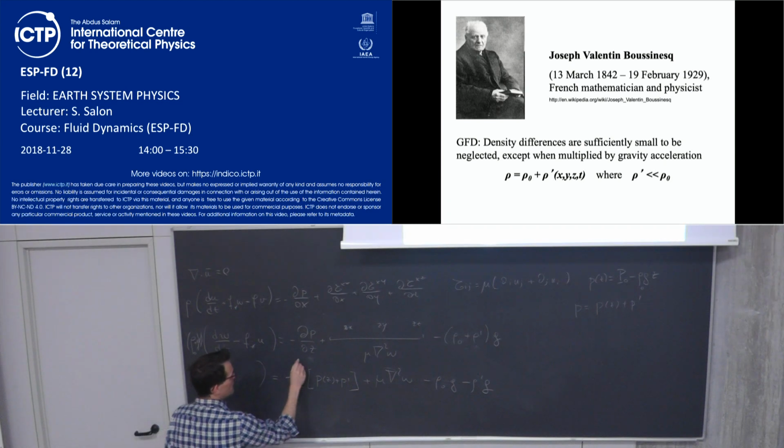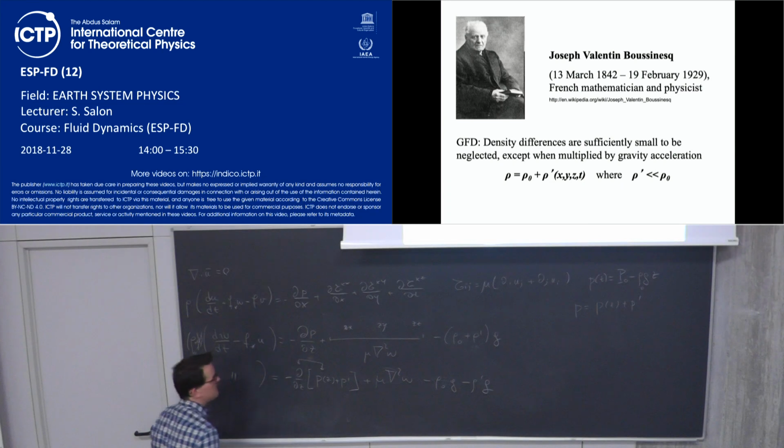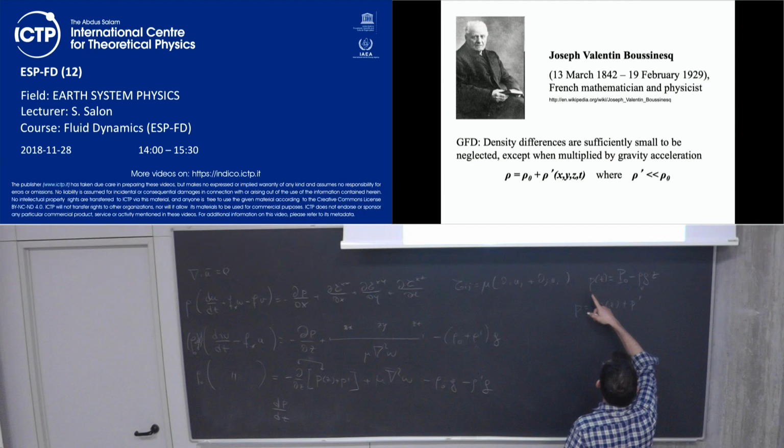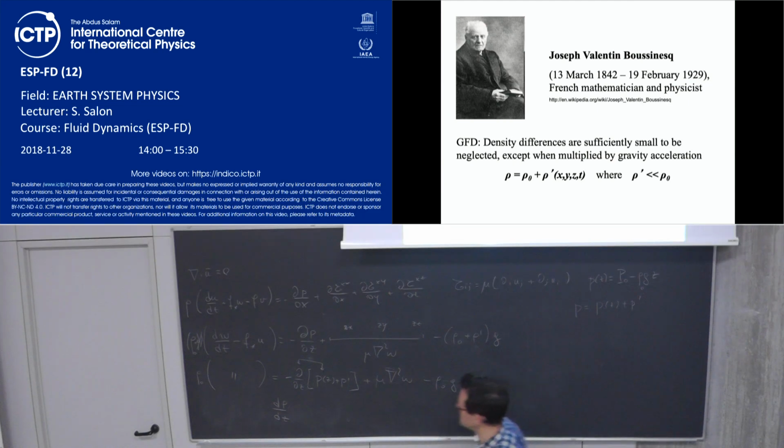So the first derivative can be directly written as a total derivative because P̄ is only dependent on z. But we know how much dP̄/dz is because we had the expression before. So if we do dP̄/dz, we have just minus ρ0 g.